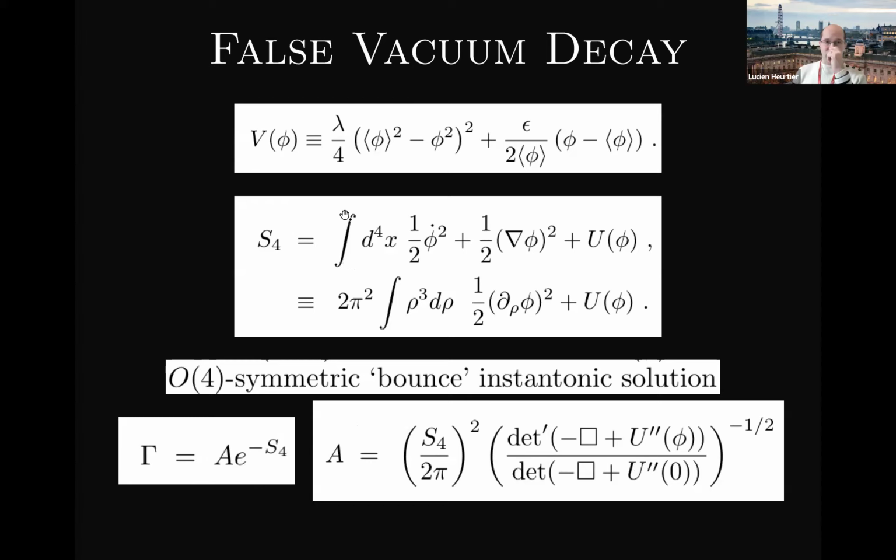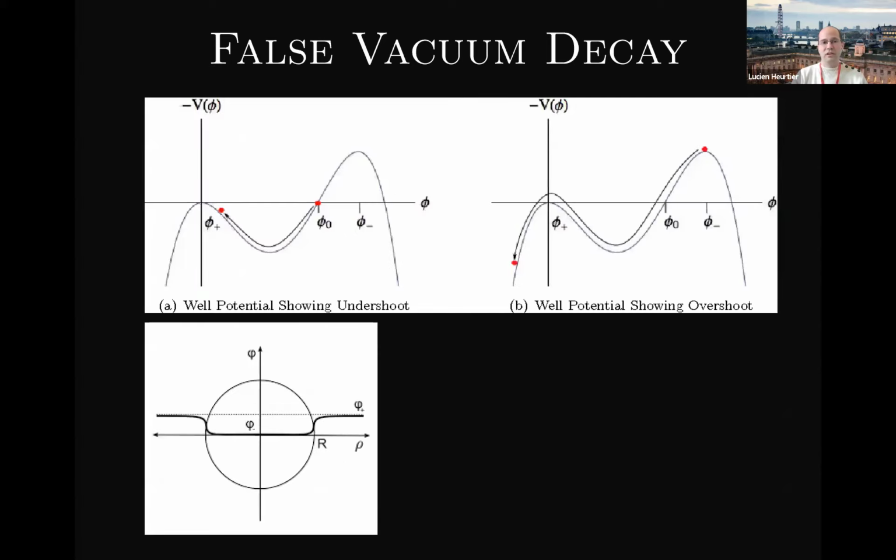So what we did is that we tried to take this kind of potential, use the flow equation to see how it evolves, and at every step see how this bounce solution for the action evolves, and how that affects the lifetime of the scalar field. So that's the typical calculation you need to do.